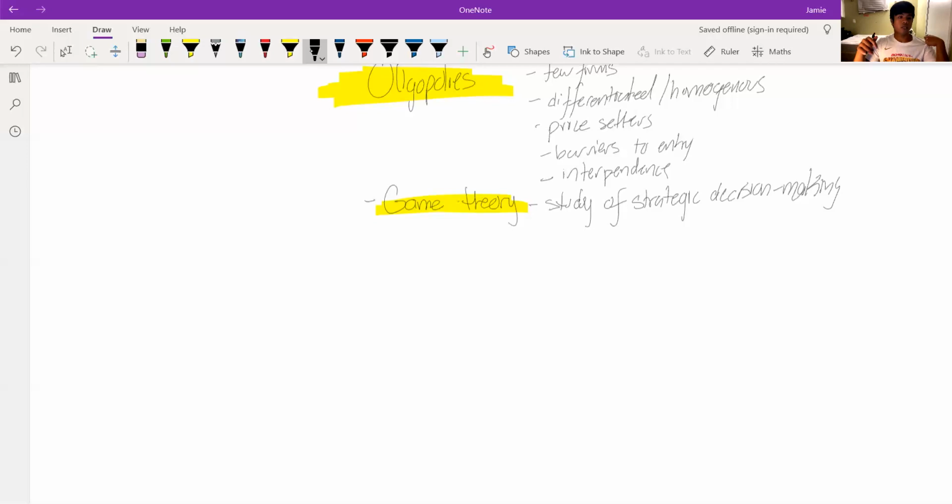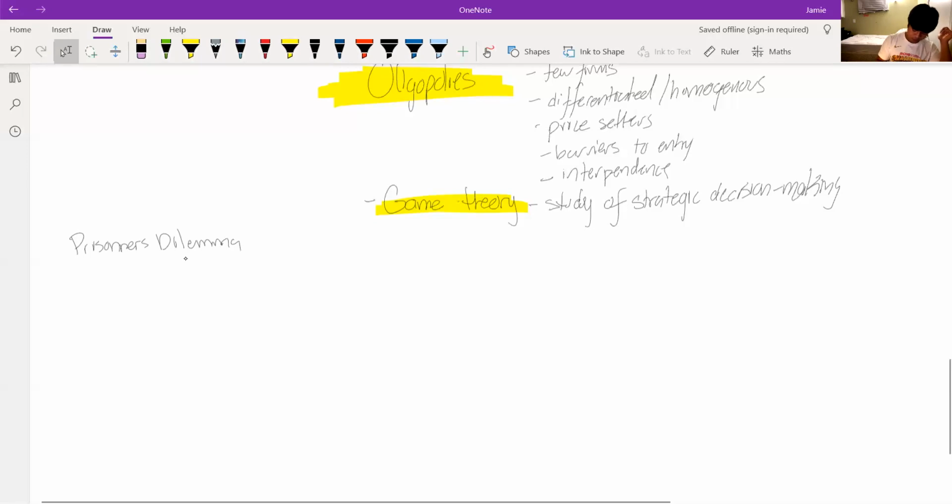So when studying these types of games, we construct what's called a payoff matrix. Let's say we have two parties, Stan and Jess.